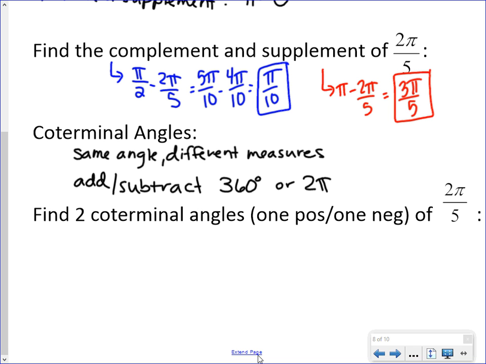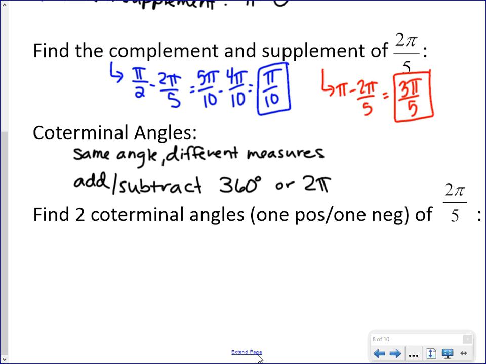I can add 2 pi. Now, whether you add or subtract 2 pi as we go through the chapter, that's going to depend on, like, if you have a negative angle, you're going to be adding the rotation so that you can get something positive that would show up between 0 and 360. If you have something that's greater than 360, you're going to be subtracting rotations until you get into that realm of 0 to 360 that we want.